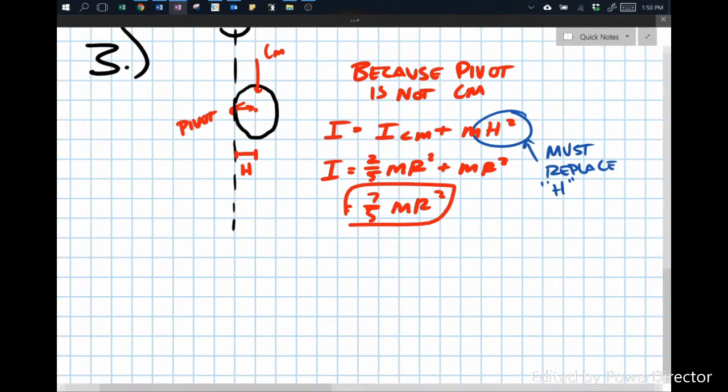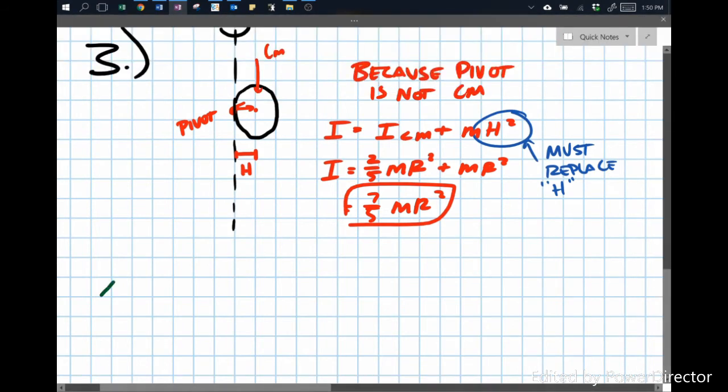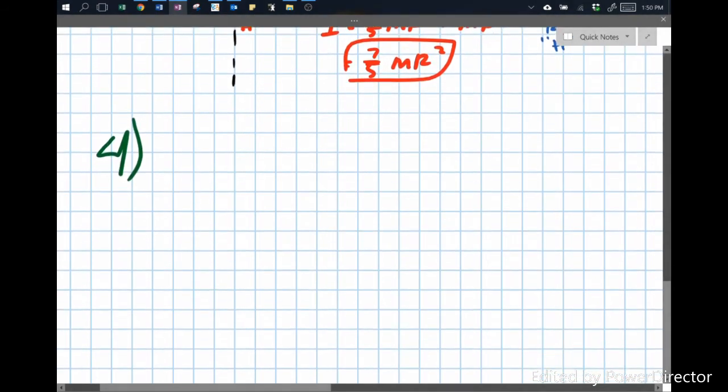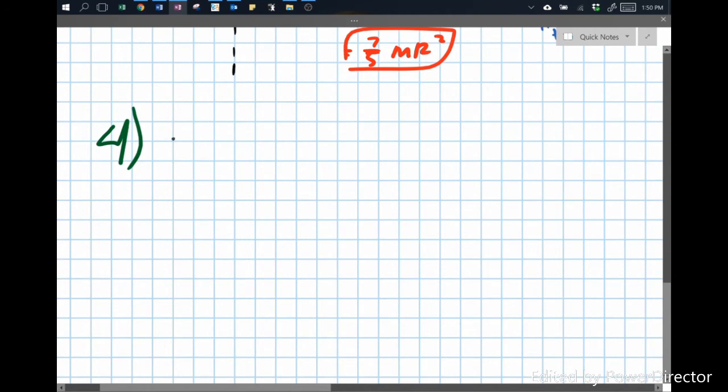All right, question 4. Question 4 is the stick being pivoted at its end, and then a sphere at the end over there.